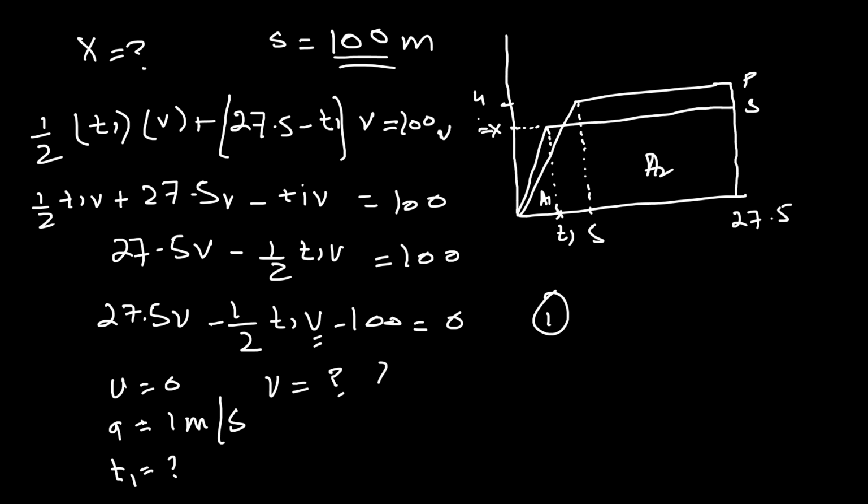So we can use the first equation of motion, which is v is equal to u plus acceleration times time. Okay, u is known, it is equal to 0, and acceleration is 1 meter per second squared.